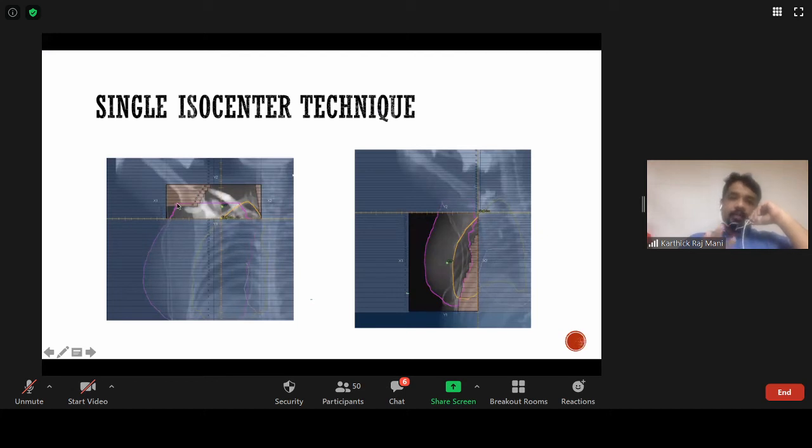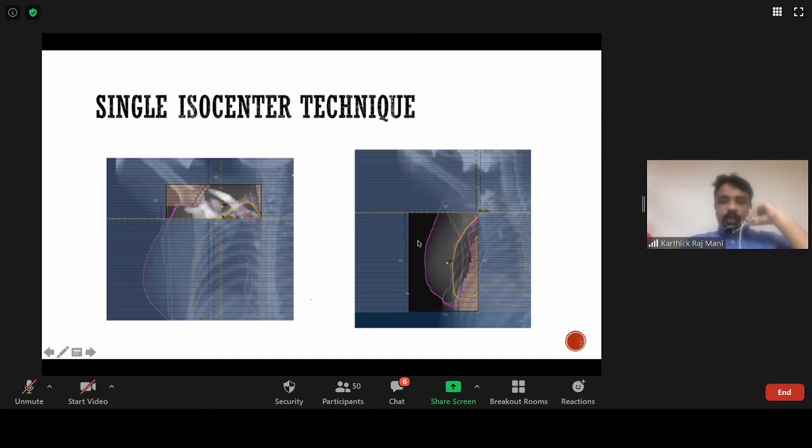In a single isocentric plan, you keep the isocenter here and open your MLC. This is just a traditional standard field without the contouring. I'll show you how it changes with your contours. This is traditionally how you treat a supraclav with all three levels of axilla as well as the supraclavicular field, and you have a tangential field which shields the lung as well as the heart as much as you can.